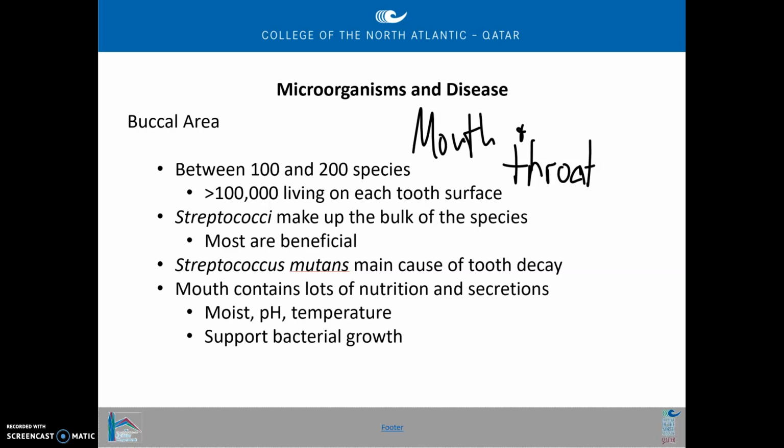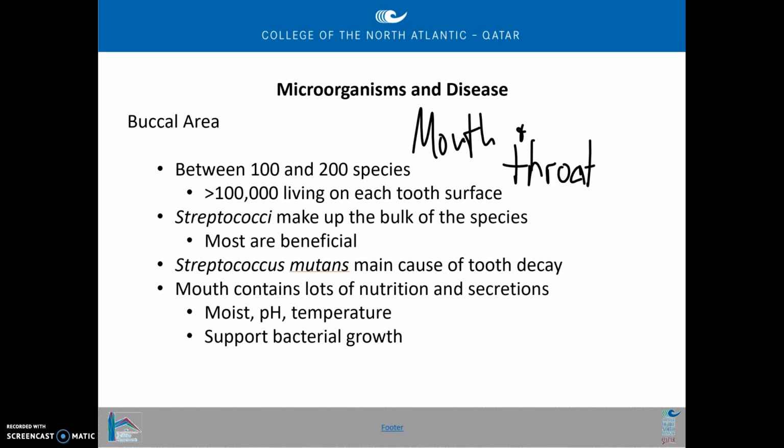Between 100 and 200 species live in our mouth and back of our throat. Over 100,000 living bacteria can grow on each tooth. When you wake up in the morning, you've got a bad taste in your mouth, you've got that bad breath. Those are bacteria that have been happily multiplying in your mouth overnight, and their metabolism is what's causing your breath to be stinky.